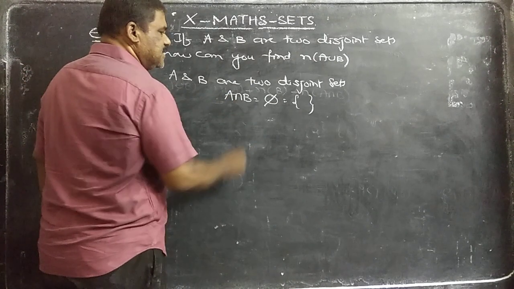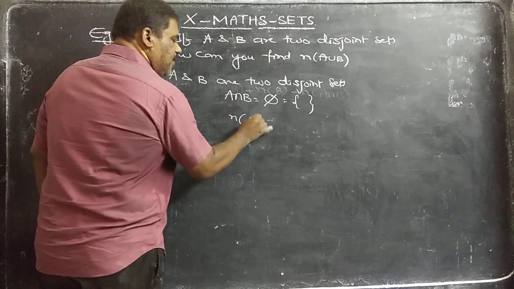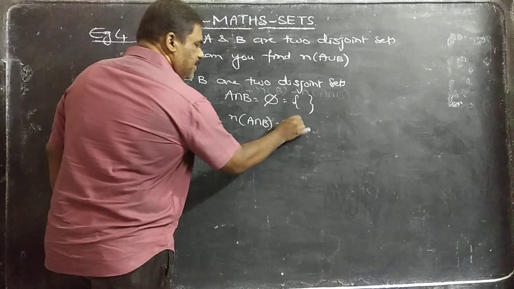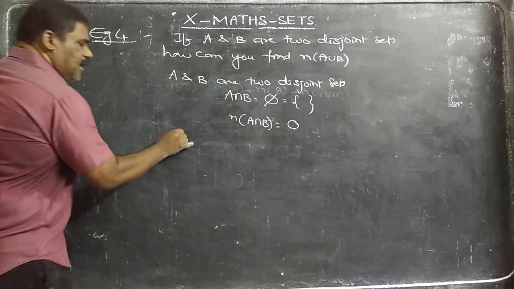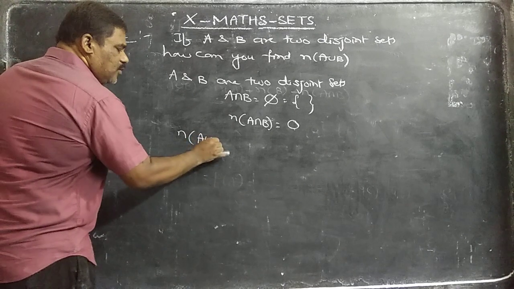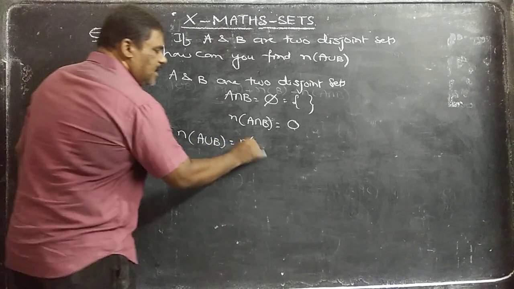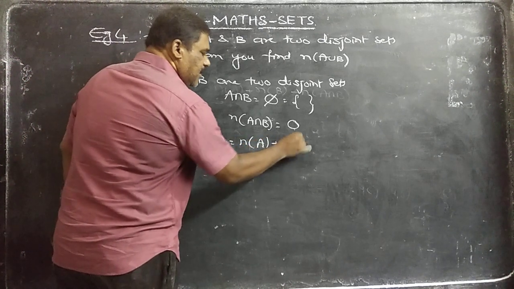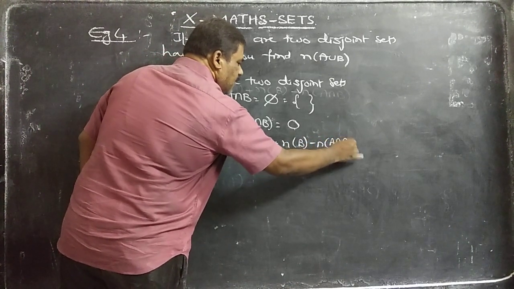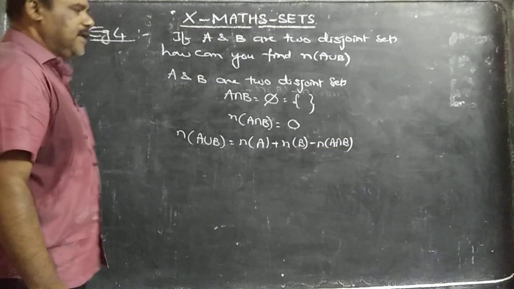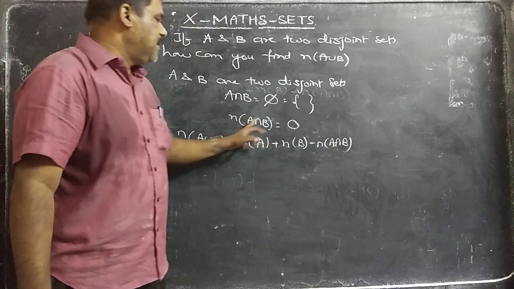That means number of elements in A intersection B will be 0. There is no element in A intersection B. Now we know that n of A union B is equal to, what is the formula? N of A plus n of B minus n of A intersection B. This is the formula to find out n of A union B. Here n of A intersection B is 0.